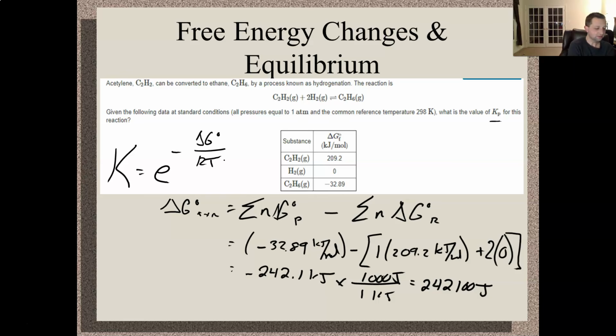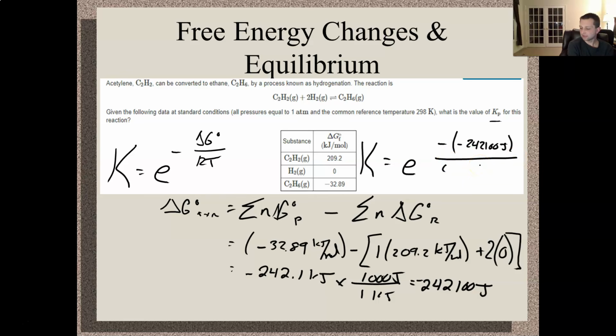All right, so just to plug everything in for you, you have K equals e to the negative, forgot to carry the negative down here, negative delta G, so that's negative 242,100 joules over RT.